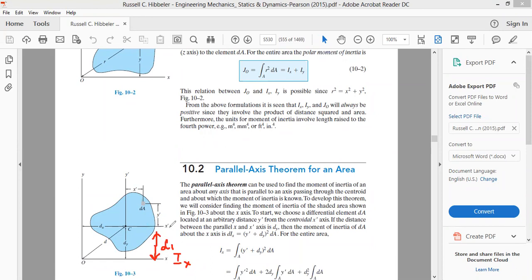What is the relationship between the moment of inertia about the centroidal x-axis and any other x-axis parallel to the centroidal x-axis?